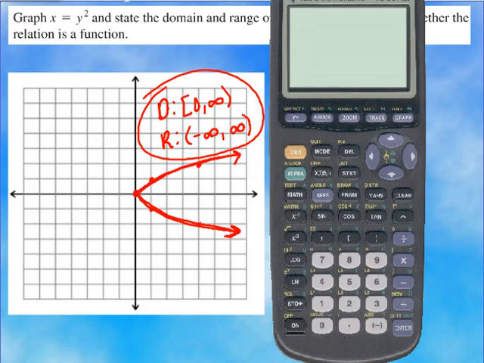Now here's your cheat. Let's say that your college professor, if you want to write this down, makes you make a t-table. You're having to graph y equals, I don't know, let's make up one. Y equals x squared plus 5x plus 6.